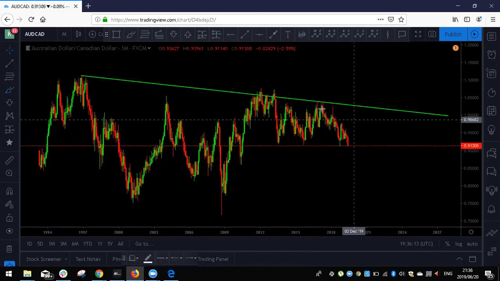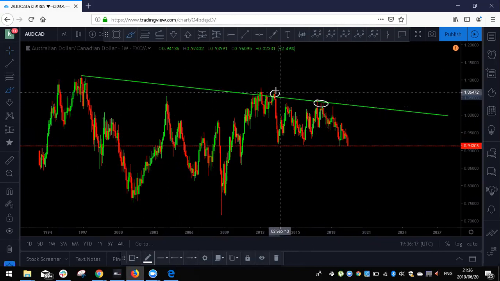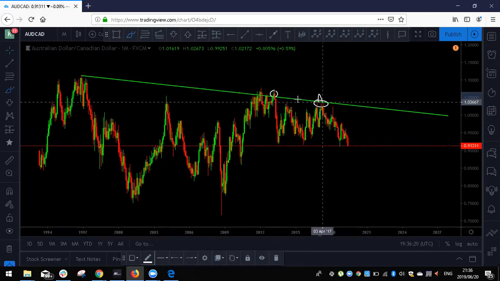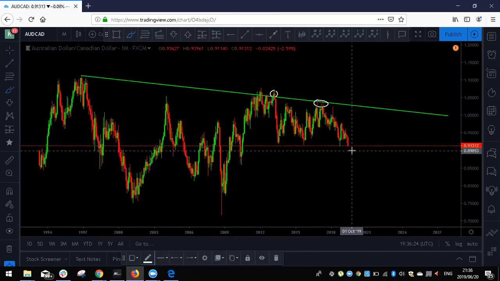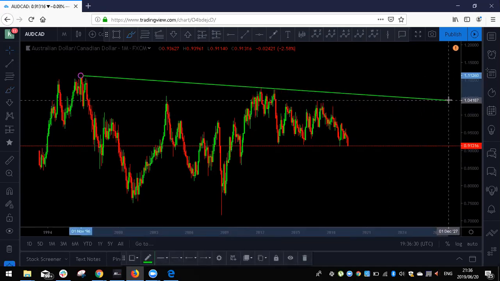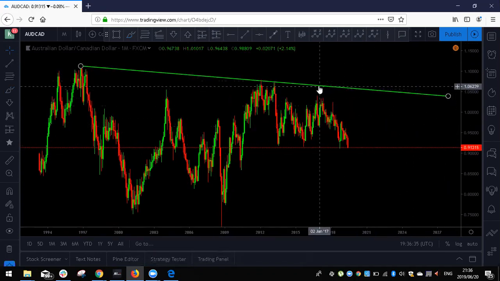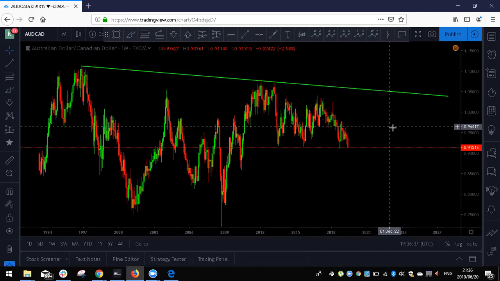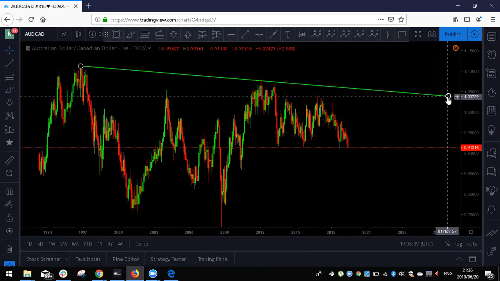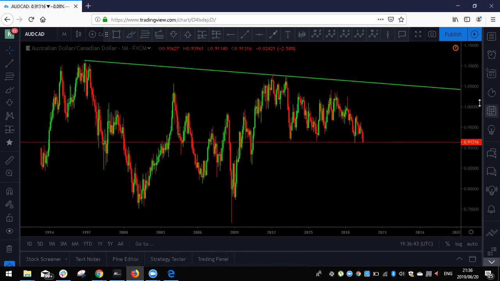You can't say this would have been a good trade if you cut through candles. What if this one wants to do the same thing as that one? Once you're in that trade, you're going to panic. But if your trend line is like this, you are confident that if it touches, it should turn back. You're betting on that.